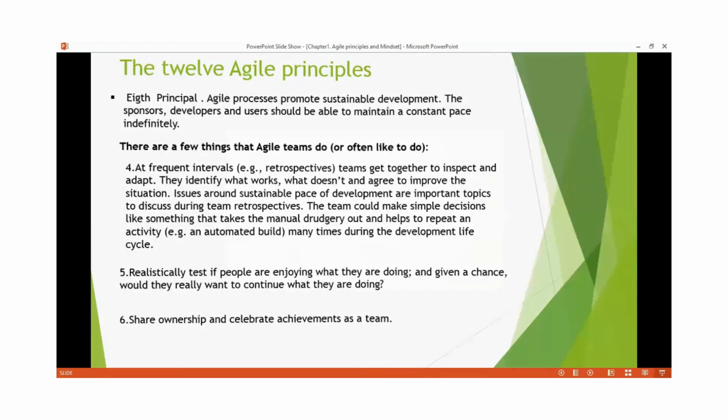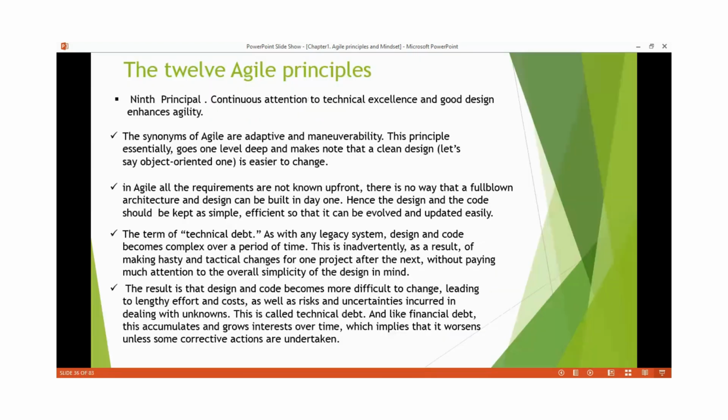The ninth one talks about continuous attention to technical excellence and good design. When you have a model or a prototype provided and you have good expertise, you will be able to build a good quality technical product from that model, and it gives a good visual for the stakeholders to accept the product.